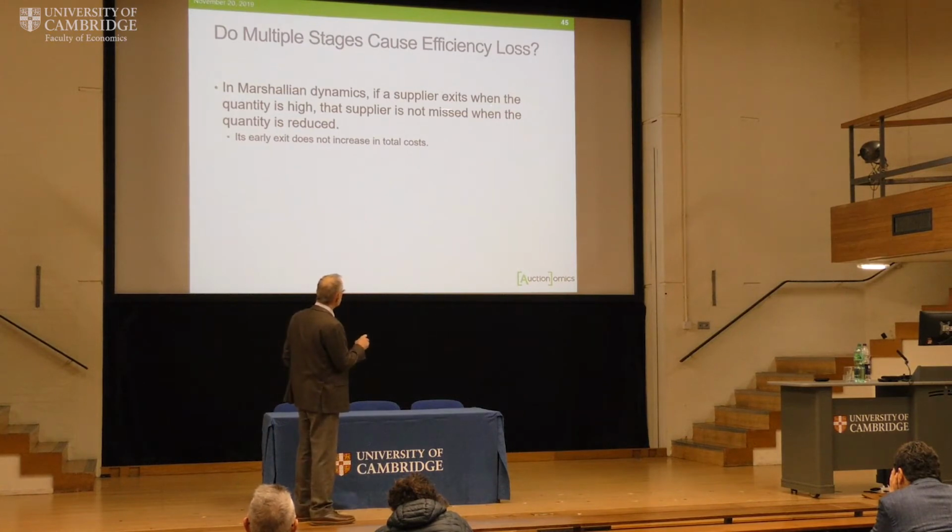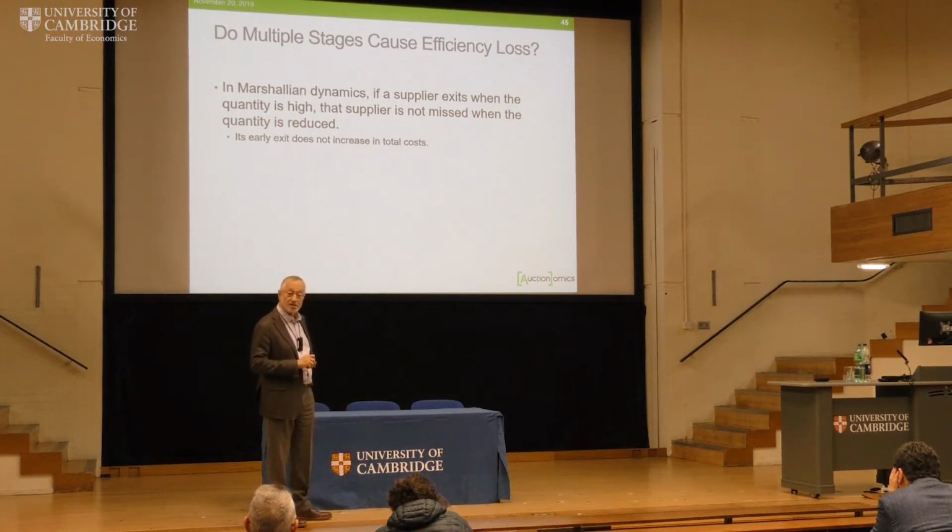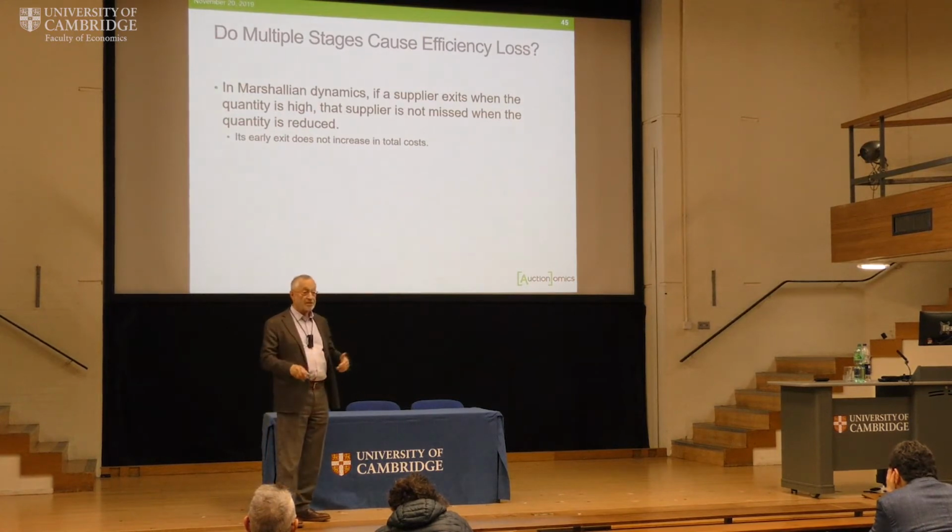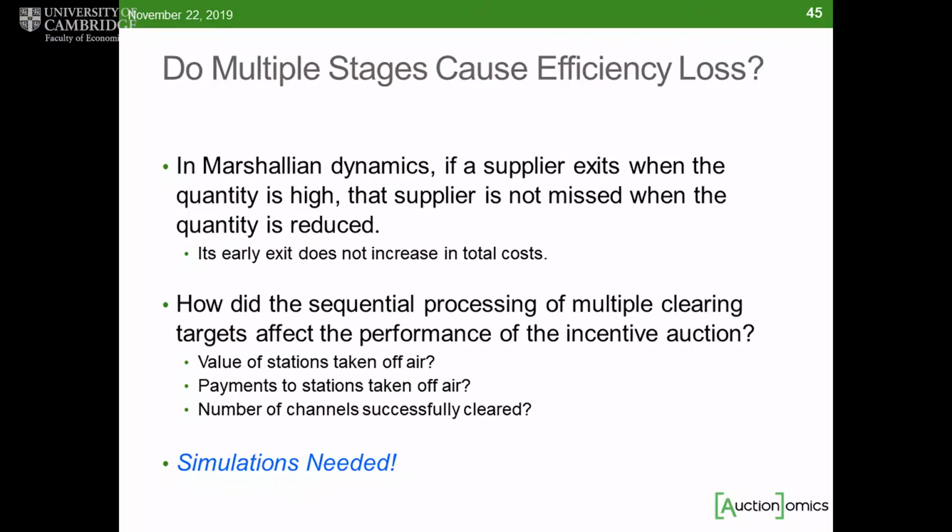So in Marshallian dynamics, if a supplier exits when the quantity is high at the prices that prevail then, that supplier isn't missed when the quantity is decreased. Its early exit does not increase the total cost. Is that still true here? And I've given you some reason to think that in a knapsack problem it might not be true. How about here? How did sequential processing of multiple clearing targets affect the performance of the incentive auction?